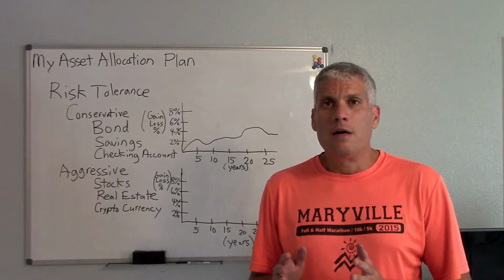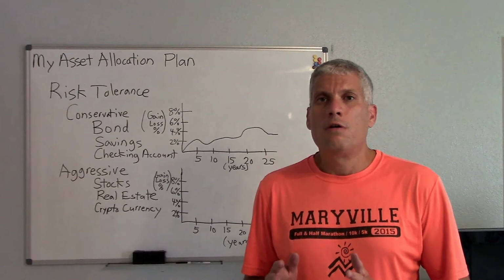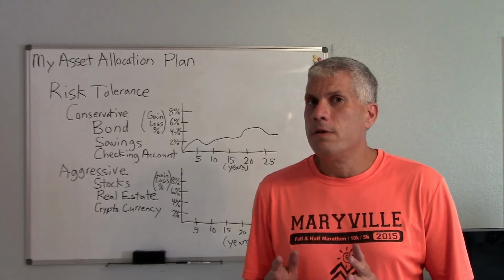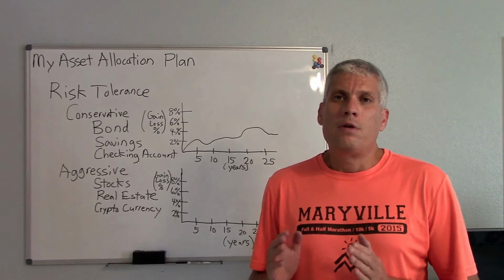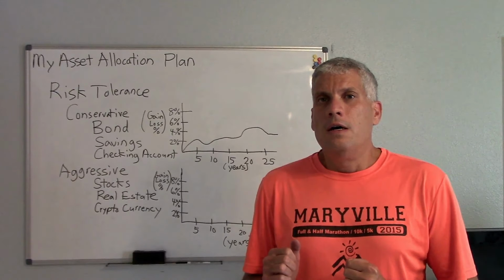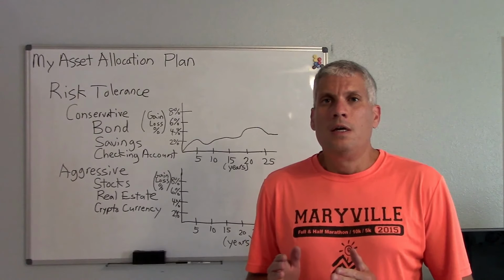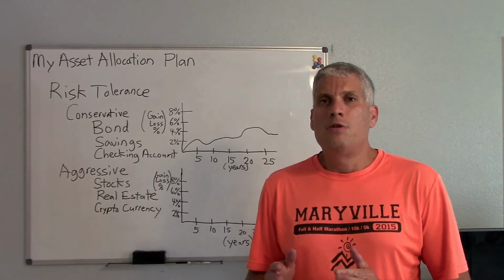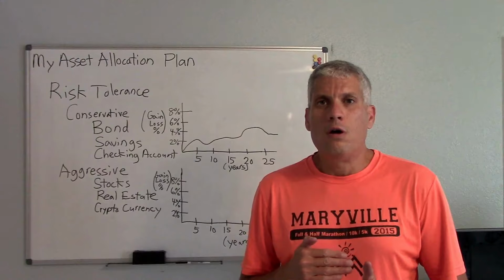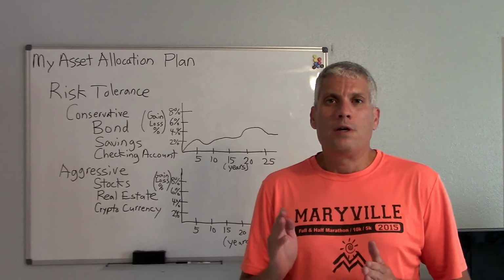If you're nearing retirement, your risk tolerance should be pretty conservative, a low risk tolerance. If you're 10 years past retirement, I would suggest you stick with conservative investments, because you need your money to be withdrawn, and you don't want stock market fluctuations to go up and down so much.